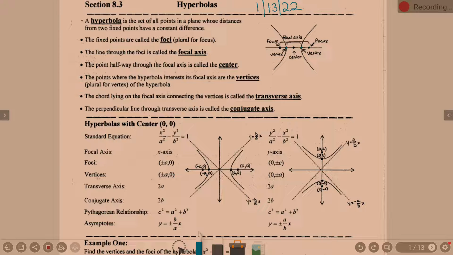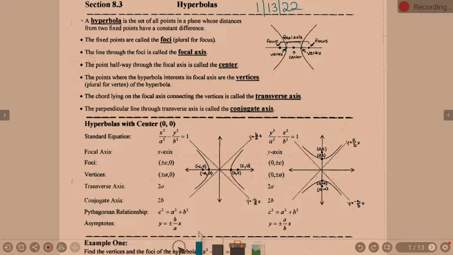And then the perpendicular line through the transverse axis is called the conjugate axis. There's not anything drawn for it right here, but it would be the vertical line going through the center. That would be your conjugate axis. So similarities, but also a few differences.